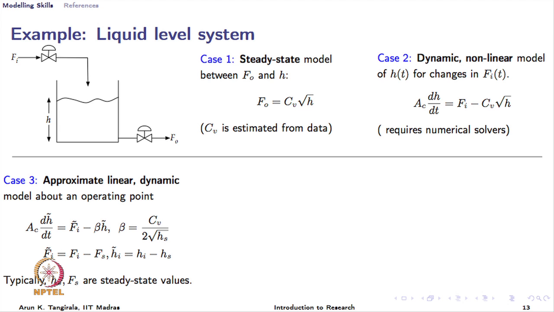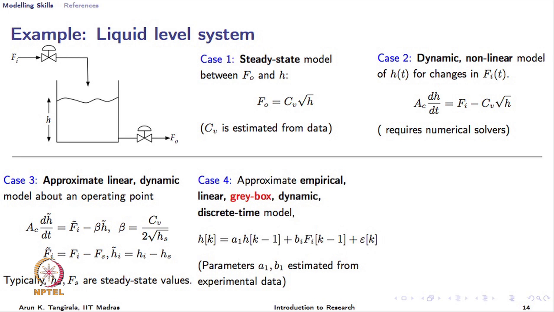It is still a first principles model, but it is an approximate model. But now the model is in terms of what are known as deviation variables, that is, how far you are away from your reference operating point, typically chosen to be a steady state.